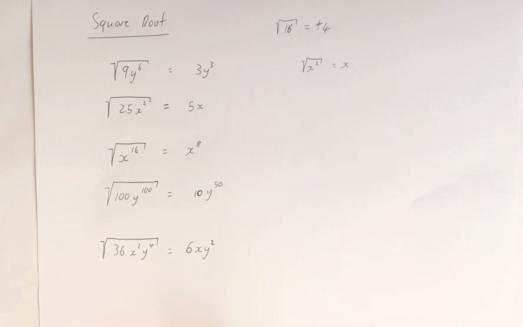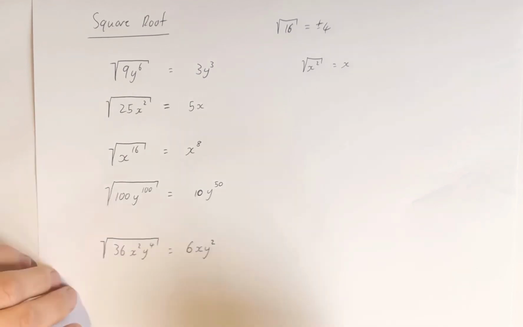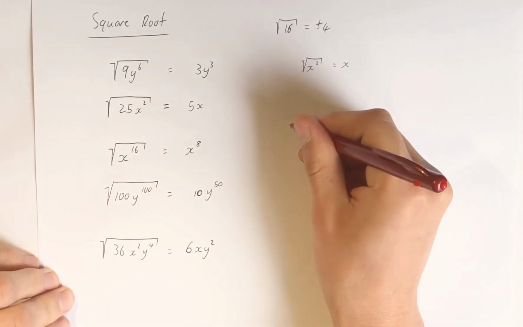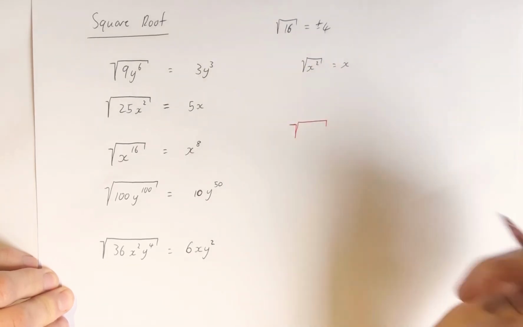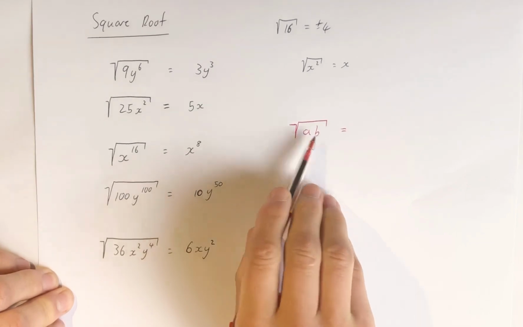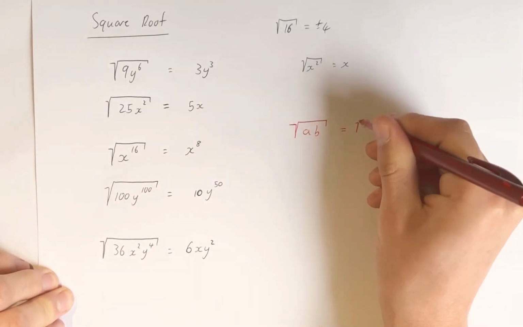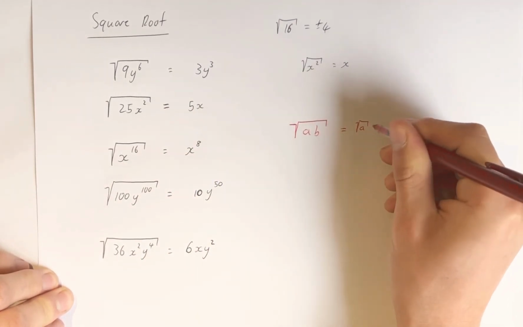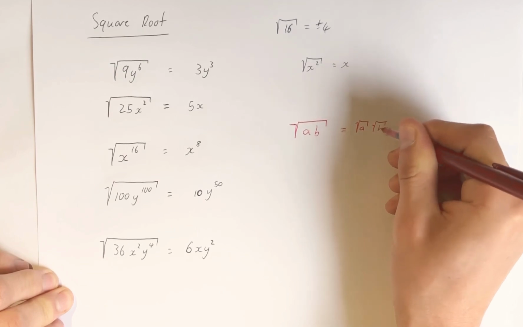Good. So what that means for us in terms of square root, if we square root two things, they're multiplied. So if we square root a times b, well, we can actually say that that's the same as square rooting a and square rooting b.